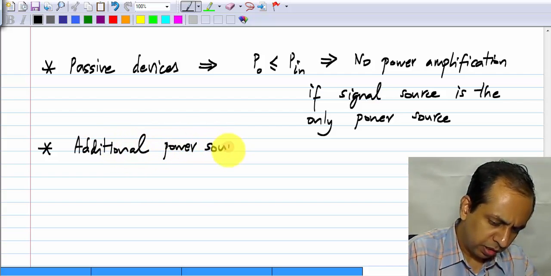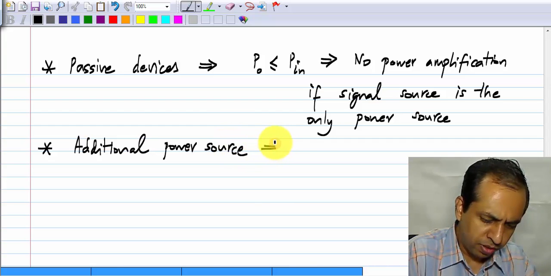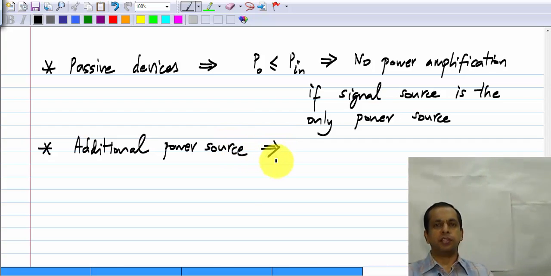an additional power source. Now, this you know by experience. You know that all your electronic gadgets work with a battery. Why is that? Because you need amplification and you need an extra source of power. So that when you get a small signal, you can augment it with the power from the battery. That is the general idea, although you do not know exactly how it works yet.